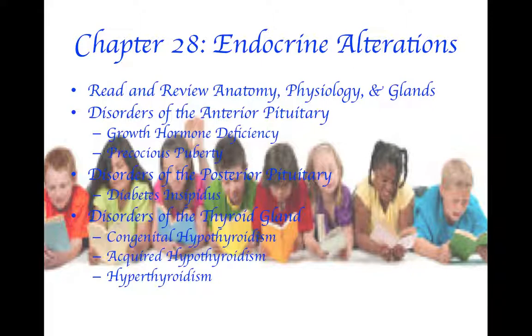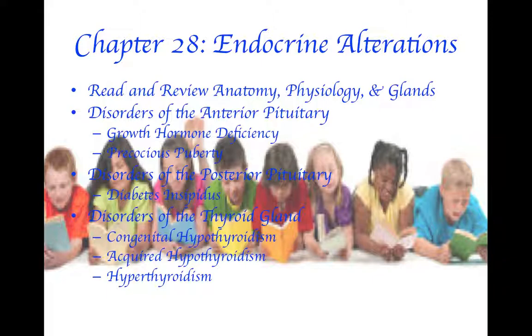The diagnostic evaluation for primary acquired hypothyroidism is relatively simple, requiring serum thyroid function studies: your TSH, T4, and free T4. Confirmation of autoimmune thyroiditis is made with serum thyroid antibodies.